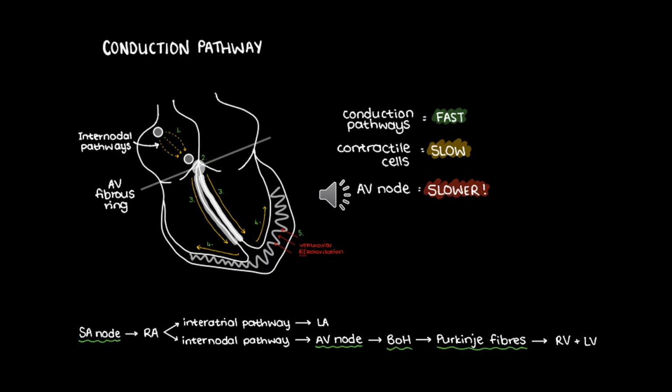In the conduction pathway are the sinoatrial node, a small bundle located on the right atrial wall near the opening of the SVC. Of the autorhythmic structures, it generates action potentials the fastest.